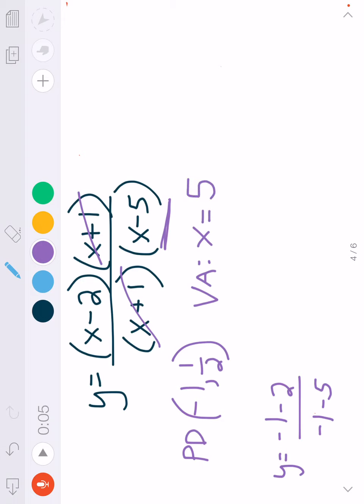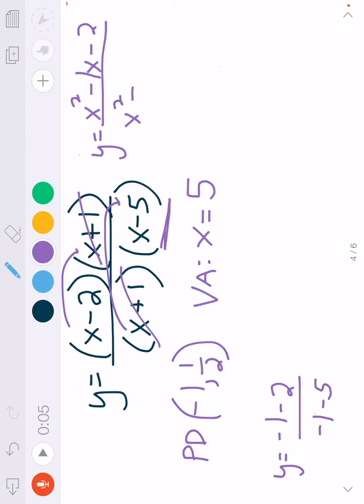This example would also have a horizontal asymptote because if you were to expand these 2 binomials out, and I can even expand them out to show you, you'd end up with x squared plus 1x minus 2x, which gives me -1x minus 2, all over x squared minus 5x plus 1x.